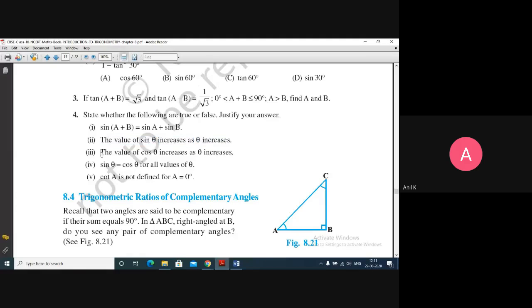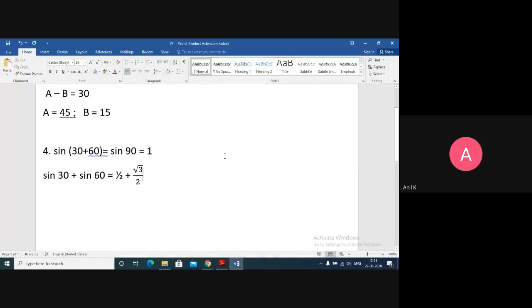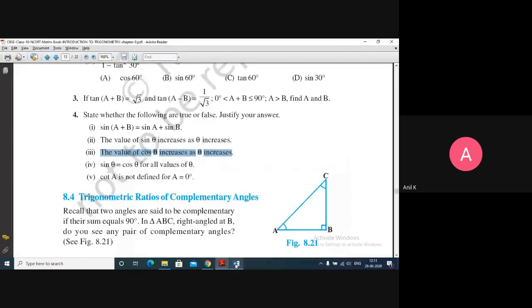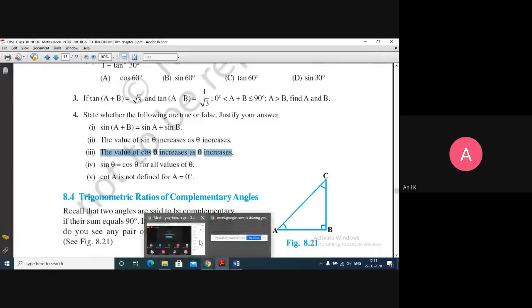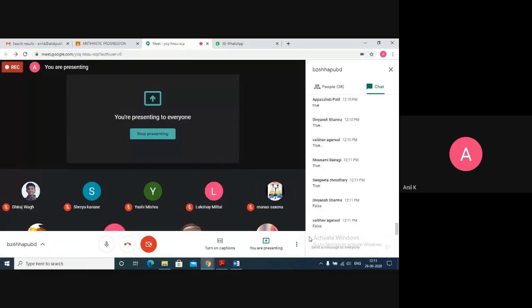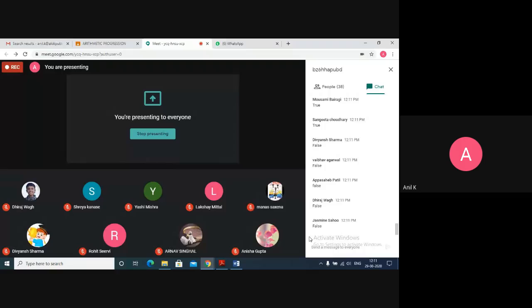What about cos? The value of cos theta increases as theta increases. Is that true? It is false because cos values will decrease from 0 to 90 degrees. Cos 0 is 1, cos 90 is 0, so it is going from 1 to 0.